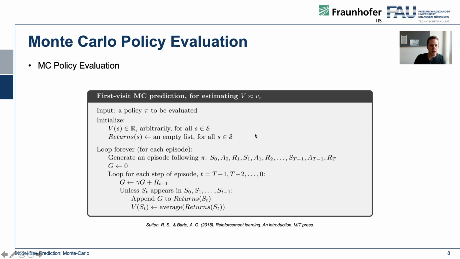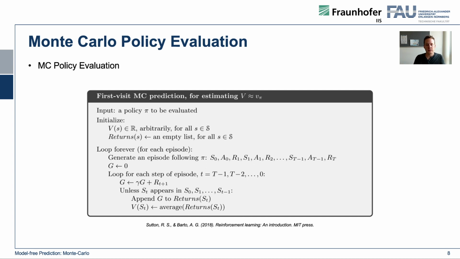And you have a returns list that is also empty in the beginning. And then the procedure is as simple as it gets. You loop forever over episodes, which you have also seen in the dynamic programming examples. For each episode, you sample trajectories from the environment, meaning that you just throw the agent into your MDP and let it interact with the environment until the episode terminates.